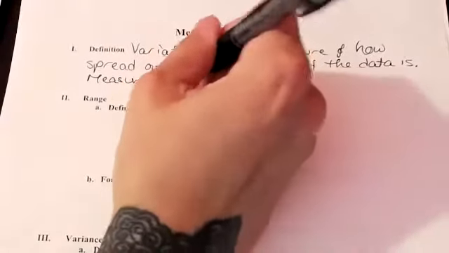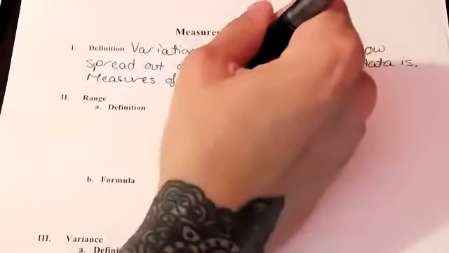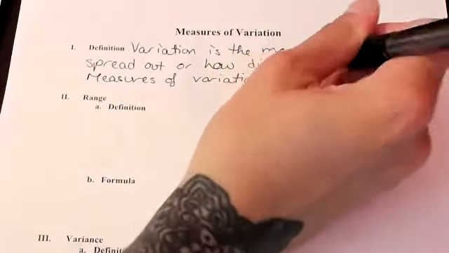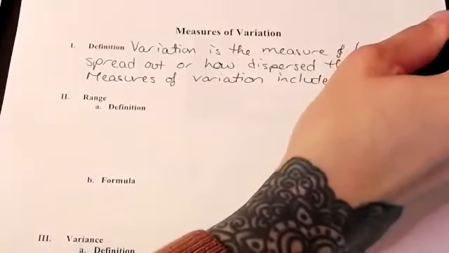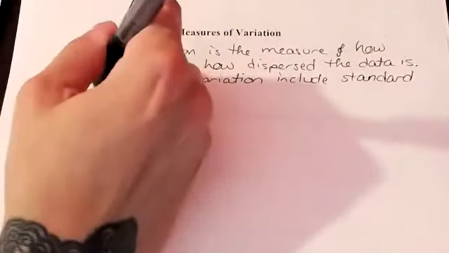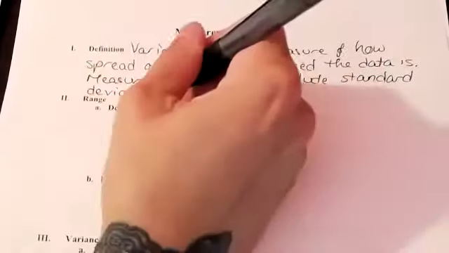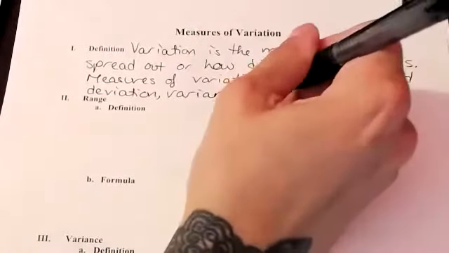Measures of variability or measures of variation, same thing. Measures of variation include standard deviation, variance, and range.